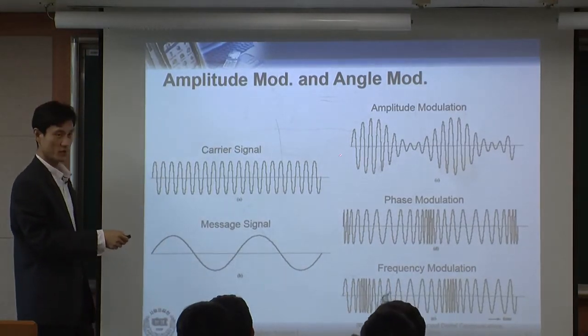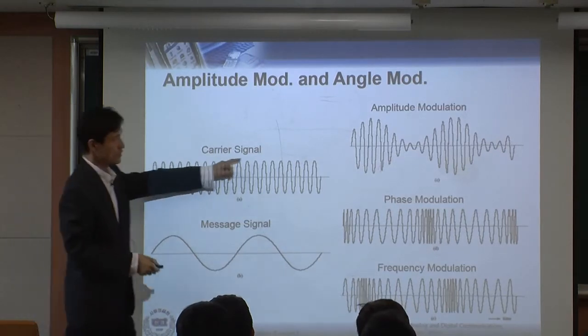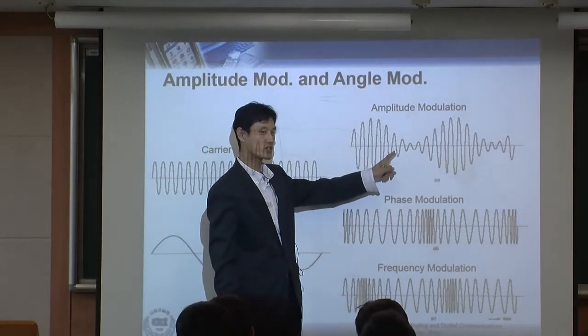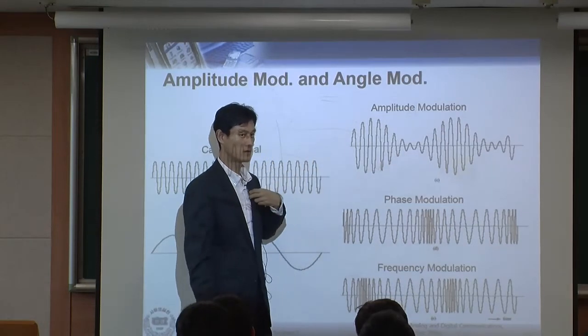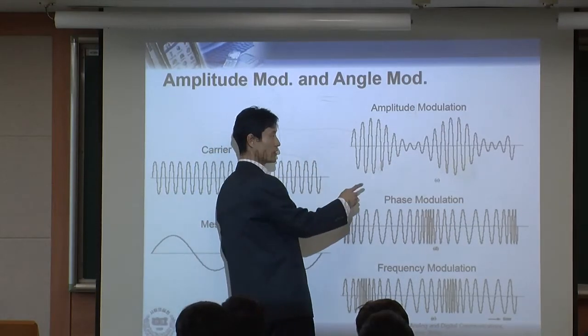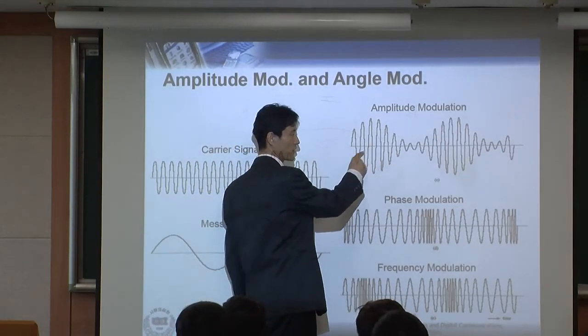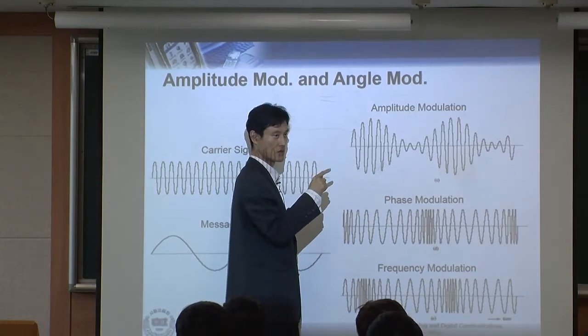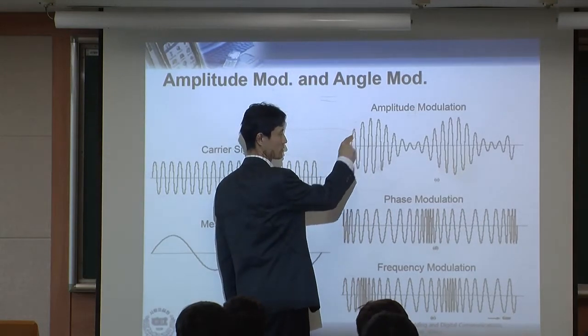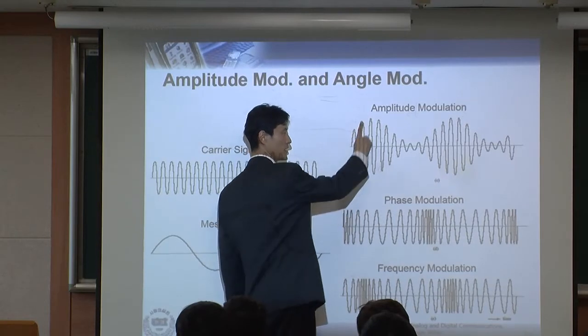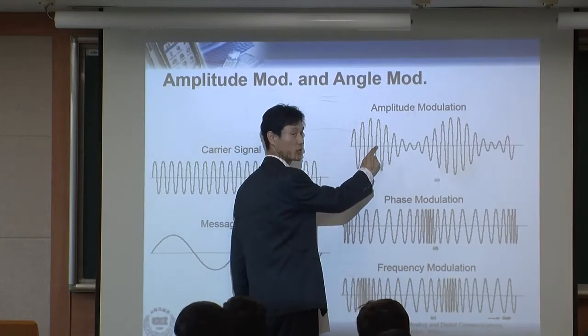So we know that, right? We already know that. But when you look at here, the frequency never changes. How do you know? You find the zero crossing points, like here, positive to negative, negative to positive. Here are all the zero crossing points.